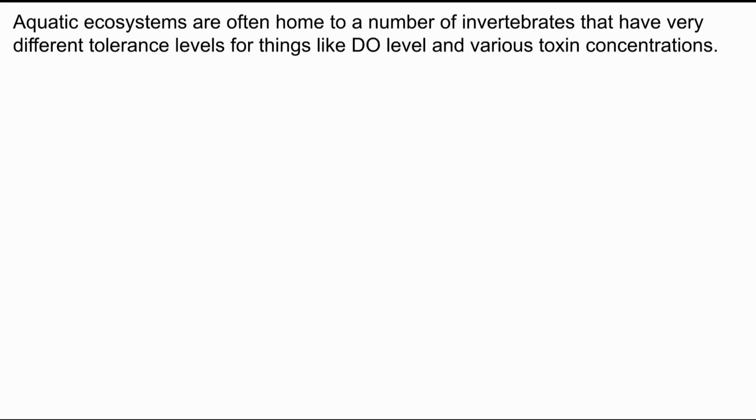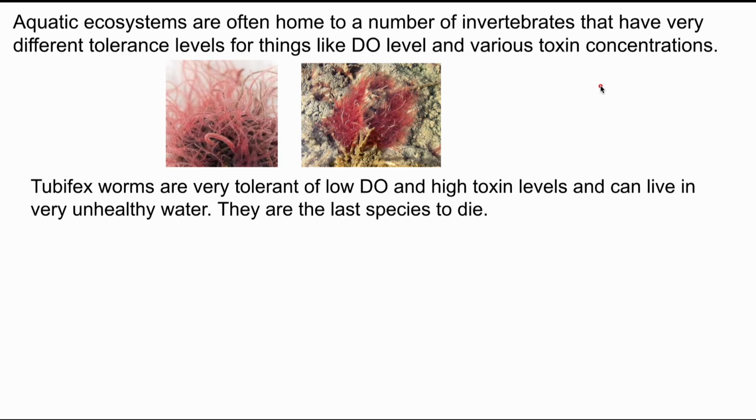So these things are very present in rivers. They're easy to find. They're easy to count. So they certainly make a good indicator species. And many of them have different levels of sensitivity to things like dissolved oxygen or other types of toxins that might be present in our aquatic ecosystem.